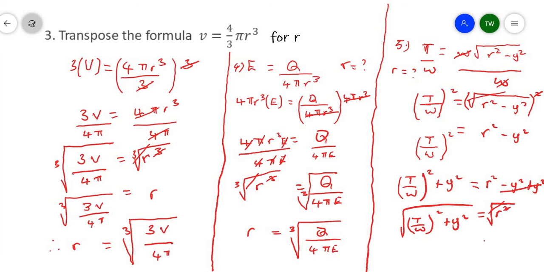That leaves you with just R. And on this side, you write back what you have, which is just the square root of T over W all squared plus Y squared. And you're finished. I'm out of space, but R here is the subject. So for your final statement, you will just rewrite R on the left hand side.